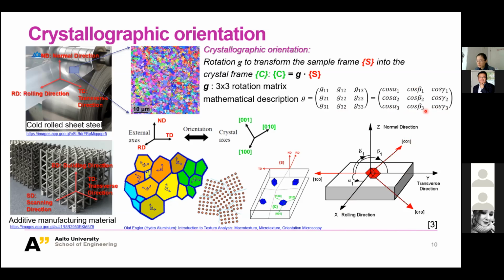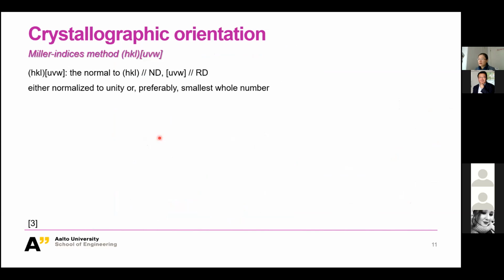Therefore, it's not so straightforward and it's not easy to understand, write or calculate. So we have other methods to represent the crystal orientation. The first one is the Miller index method. I think you already learned what Miller index is during a lecture.